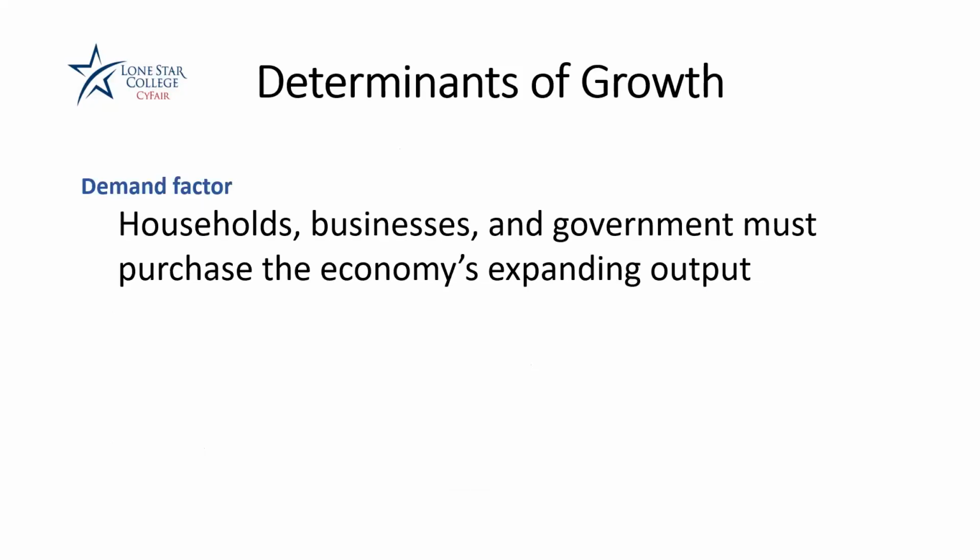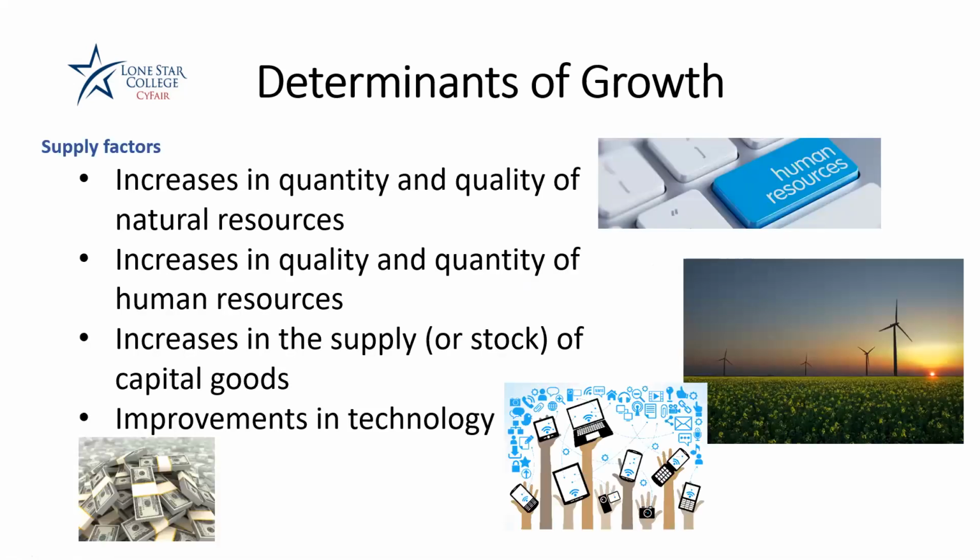We need to be focused on the factors that can improve economic growth, or the determinants of growth. There are demand factors and there are supply factors. The demand factors are the components of GDP we had in chapter 7: household, businesses, government, and also your relationship with other countries.